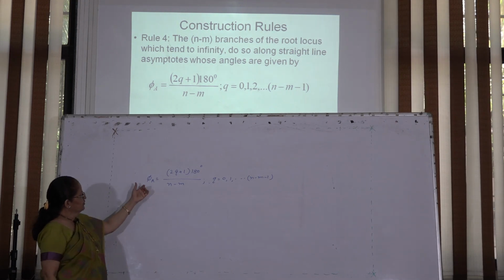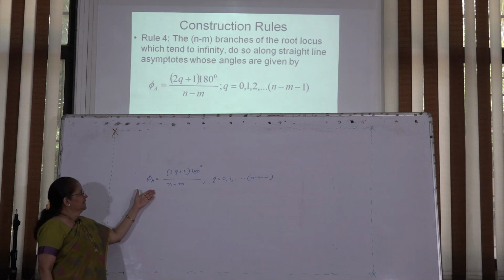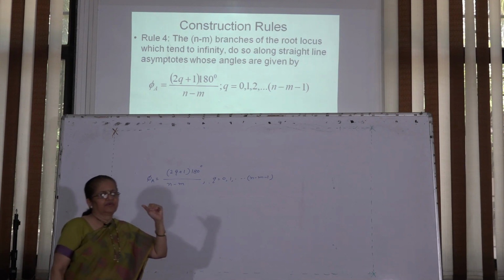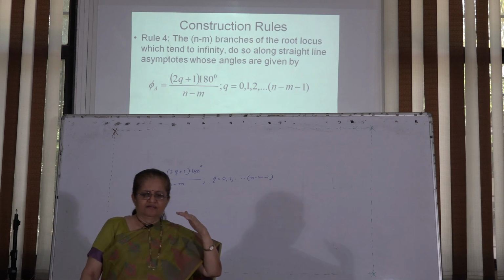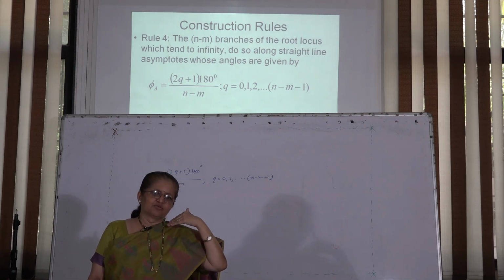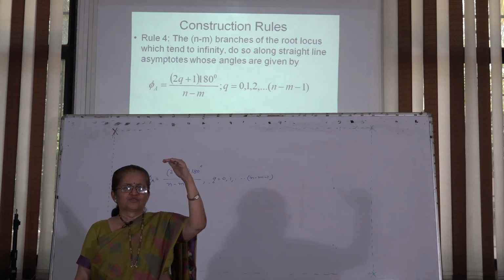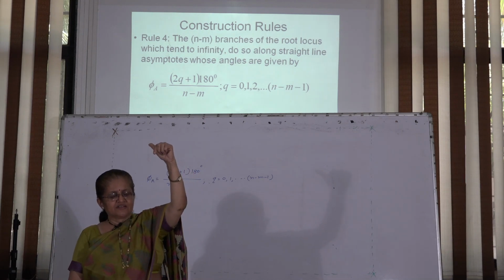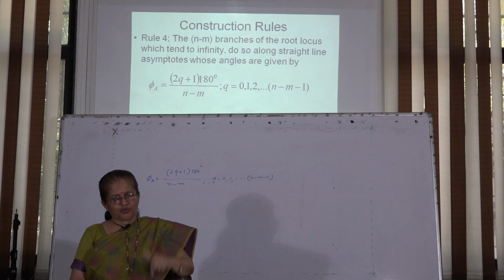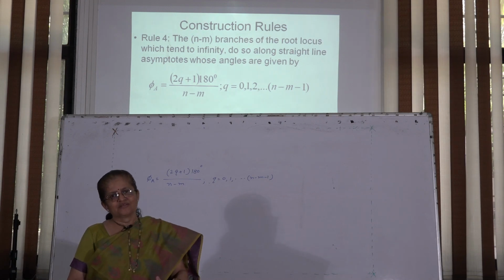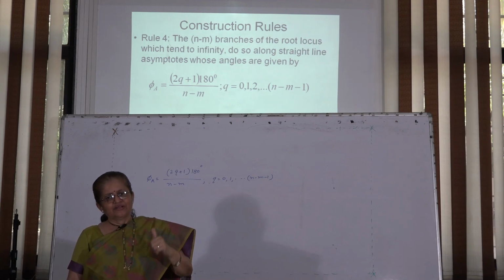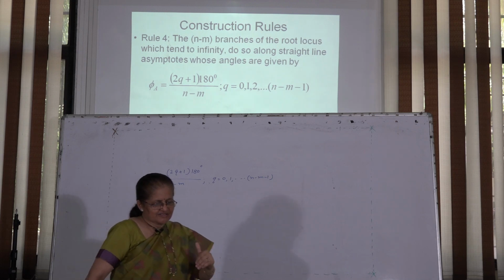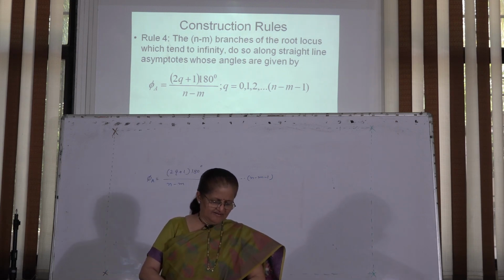So, from here we got this particular formula. We can see that when we are considering the branch going towards infinity, from infinity, if we consider the phasor which is connected to the open loop poles and zeros, it gives us nearly the same angle.